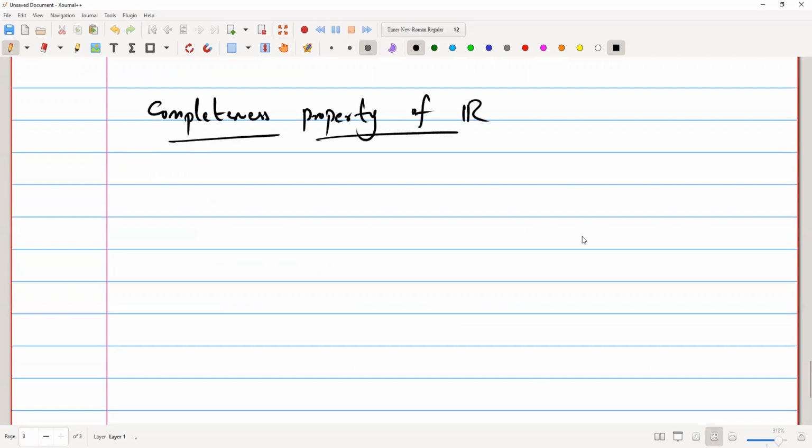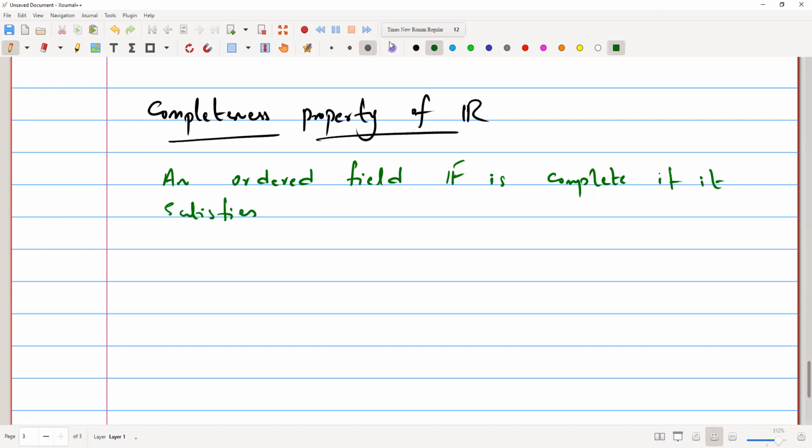We will end our discussion here, with the completeness property of R. The completeness property says that an ordered field F is complete if it satisfies the completeness property.